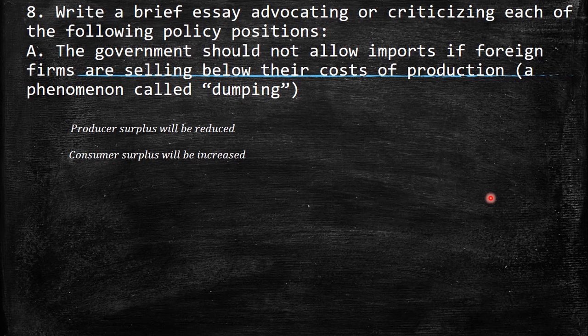But on the other side, as you know, the consumer surplus will be increased. Given the lower price in the world, consumers will be better off. So in this case, you know how the total welfare will be higher, since the loss on the producer side is lower than the benefit on the consumer side.